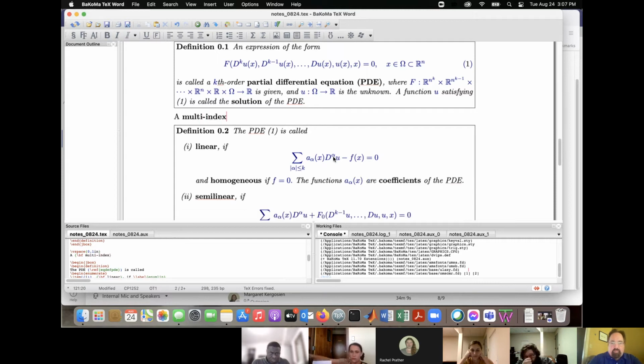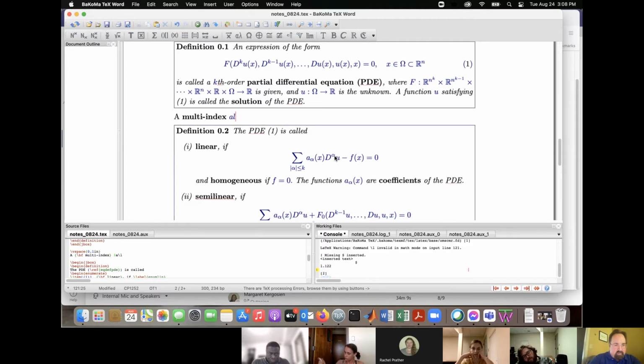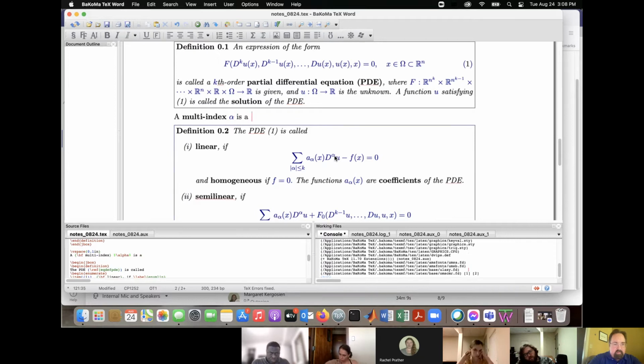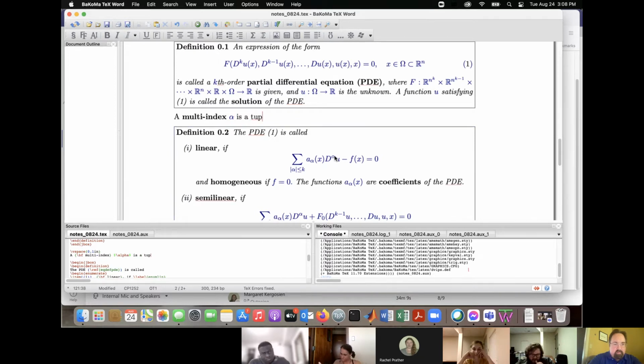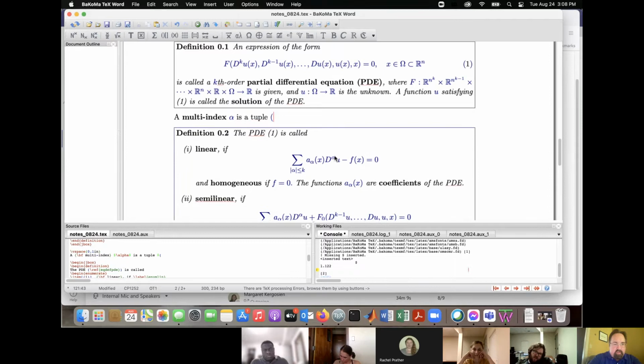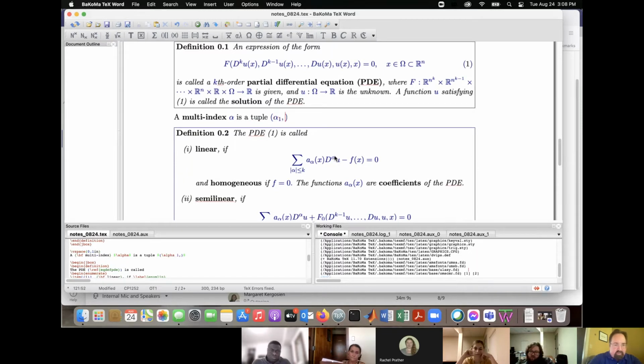The quantity we have here, alpha, is called a multi-index. So it consists of integers that are meant to be indices.